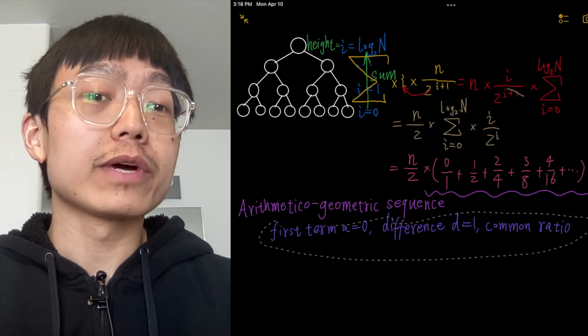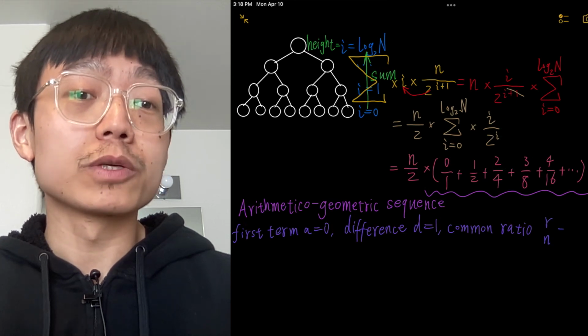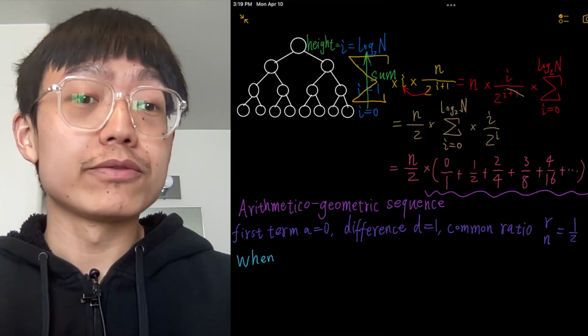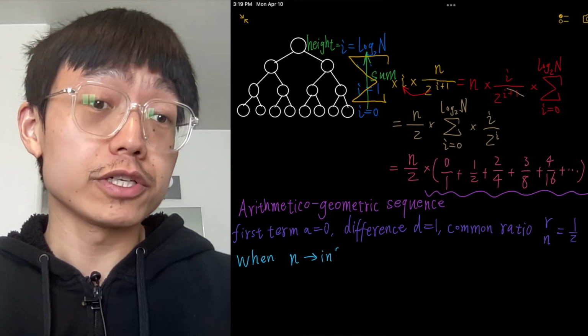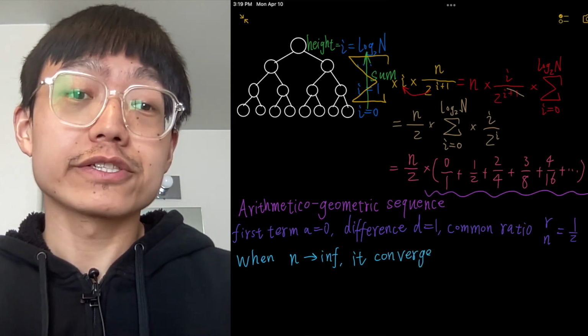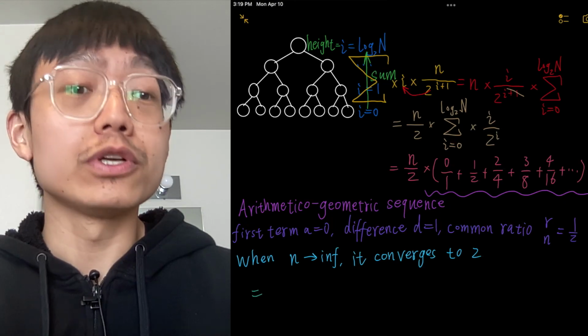So if we rewrite this equation and put the converged value here, in the end we get a value which converges to n. By replacing the sum in this equation with its converged value 2, we get the expression n multiplied by 2, which simplifies to 2n.